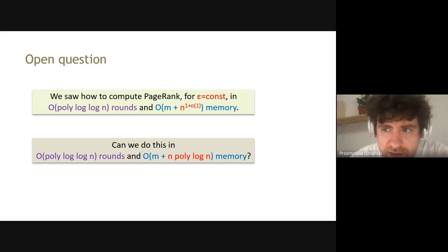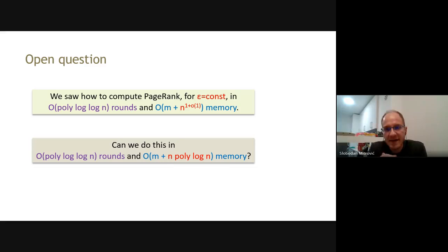As far as I understand, on a single step you can sample more random walks, and you just accept that only a small fraction of them will be successful, because this small fraction is n to the minus little o of 1. Yes, exactly.